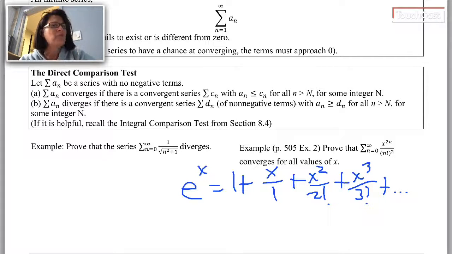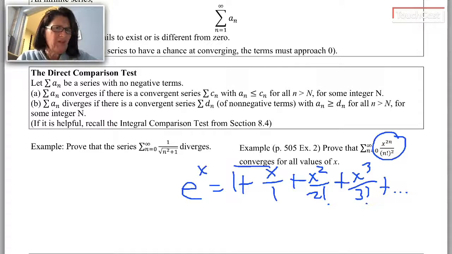So my goal here, I've been told that this series converges. They've given this away. So I'm going to try to think of a series that I know converges and show that all of my terms here are term by term less than or equal to the terms of this series.